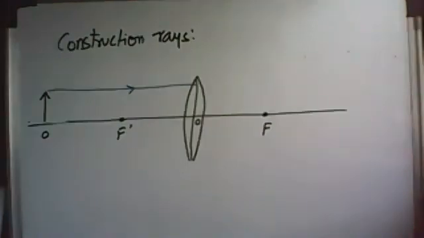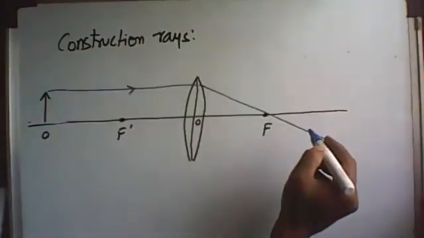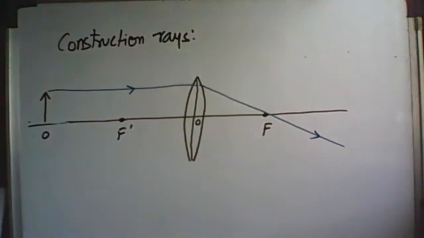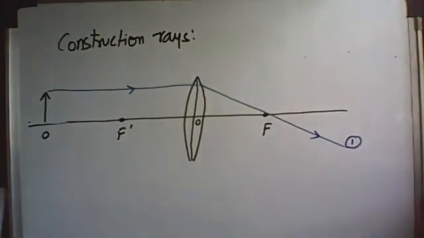What will happen to the ray of light? Yeah, it's going to get refracted towards the focus. So we know that. Okay, so this ray over here is your first construction ray, as simple as that. Because I know exactly how this thing is going to behave.